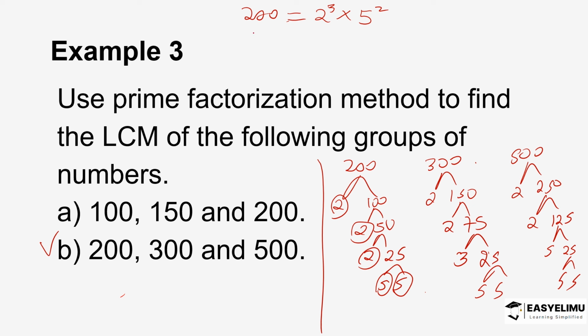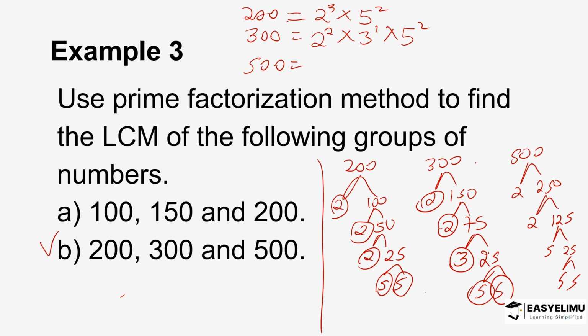Then we have 300, 2 power 2, 3 power 1. You can see them here, 2 power 2, 3 power 1, and then 5 power 2. And we have now 500. So 2, 2, so 2 power 2. And then there is no 3, so we have again 5 power 3.